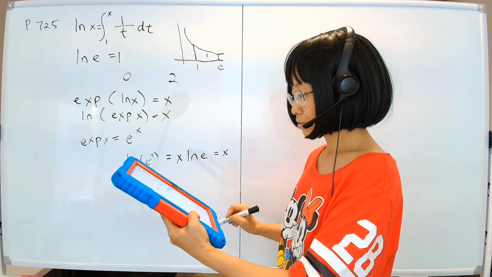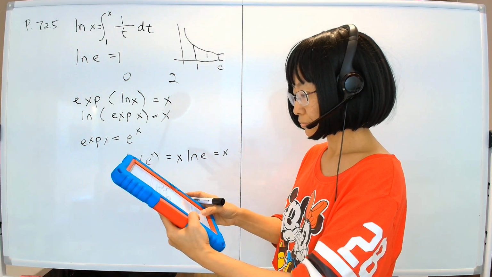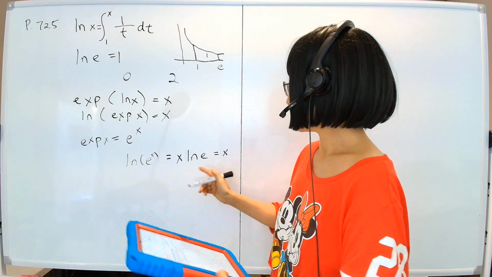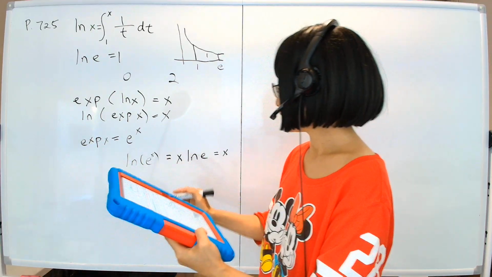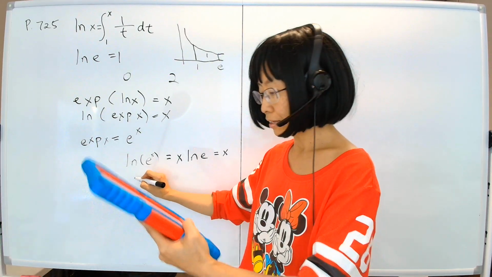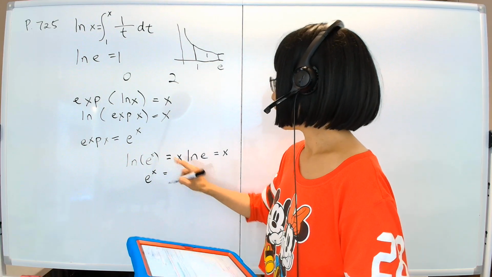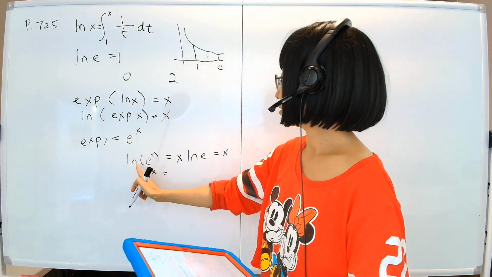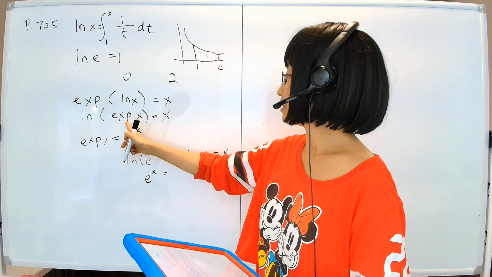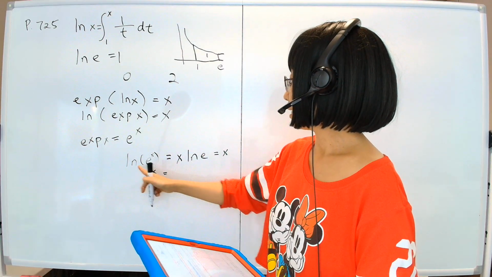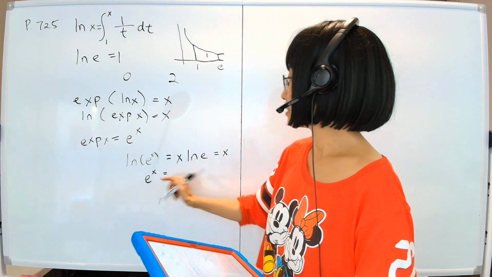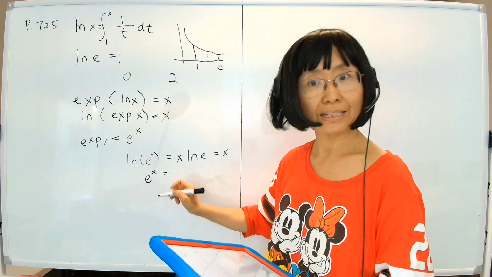So e of x, which means what? The natural log of this thing is equal to x, the same as the natural log of exp x, which means e of x is identical to exp of x.